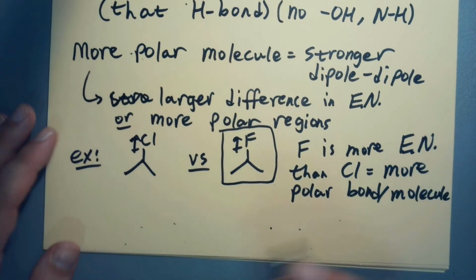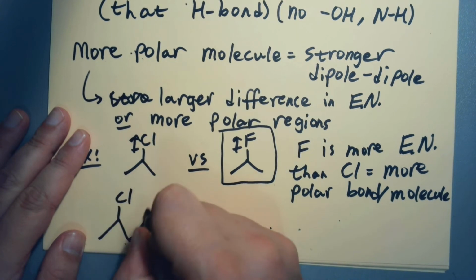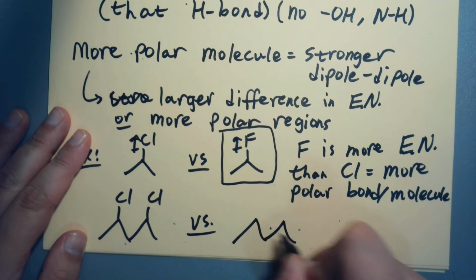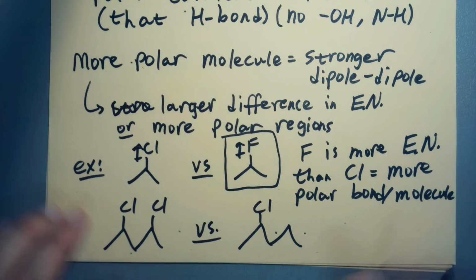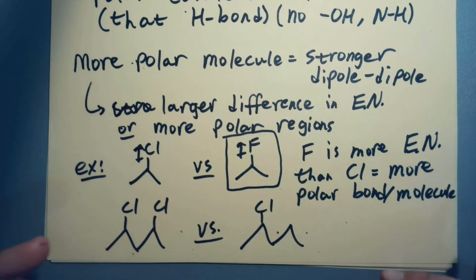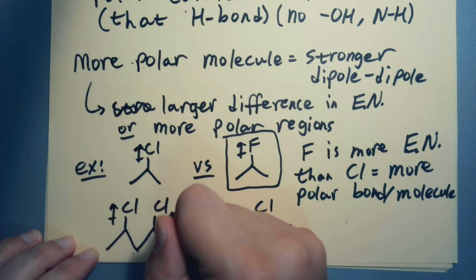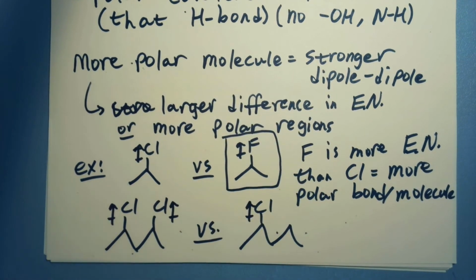The other situation, maybe we have something like this. Okay. These can't hydrogen bond. They're not ionic, but they have polar bonds. They're polar molecules. The dipoles aren't canceling. We have a net dipole here, we have a net dipole here, and this one has a net dipole here. Okay.